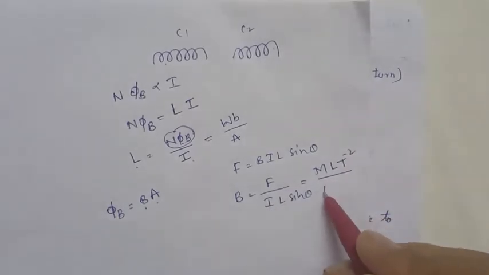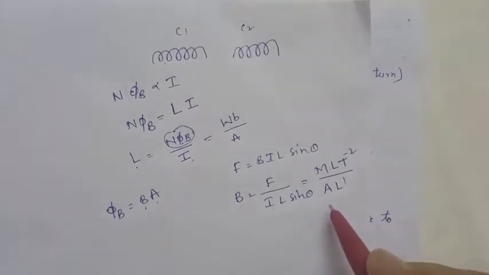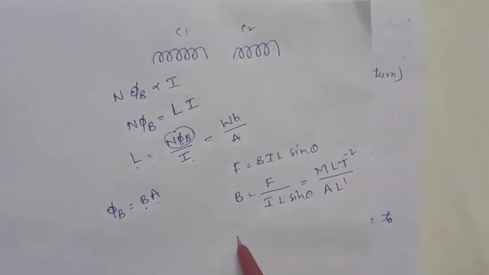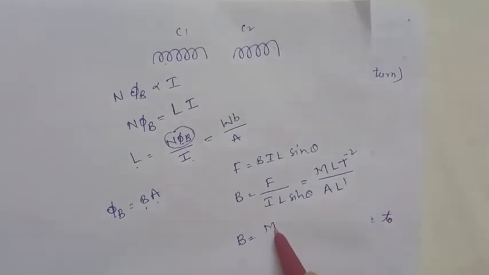I means ampere, and L is L power 1. So in the dimension formula of B, L gets cancelled: M power 1 T power minus 2 by A. It is the dimension formula for B.